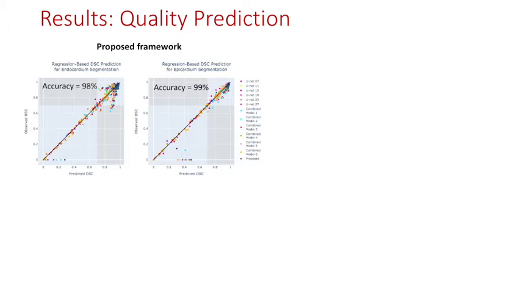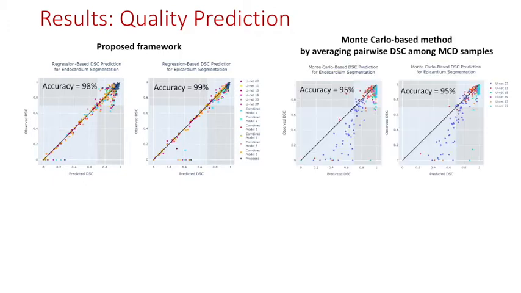We also implemented a Monte Carlo-based quality control method proposed in the literature for comparison. It was implemented by averaging the pairwise DSC values among the Monte Carlo samples. And we can see that there are some obvious overestimations for the DSC prediction using the Monte Carlo-based quality control method.